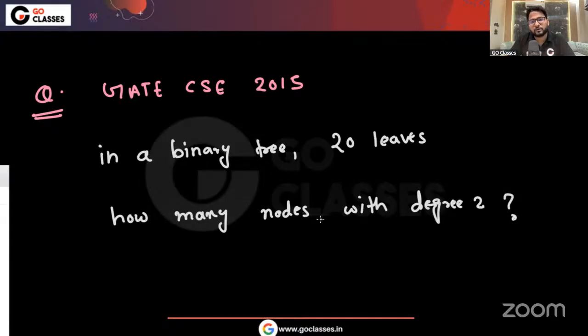What do you think? What is the answer? Leaf nodes are actually one greater than degree 2 nodes, right? Degree 2 plus 1. So from here you can easily figure out it will be 19, right? Is this fine to everyone?